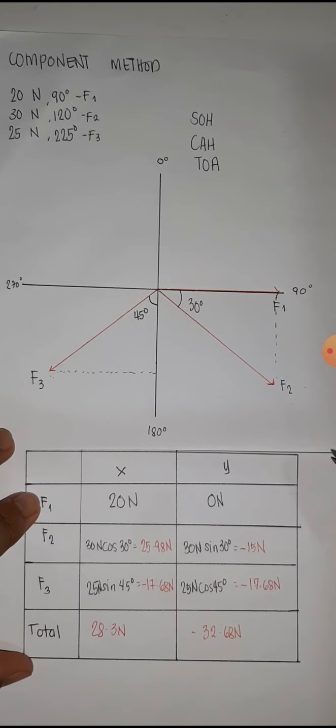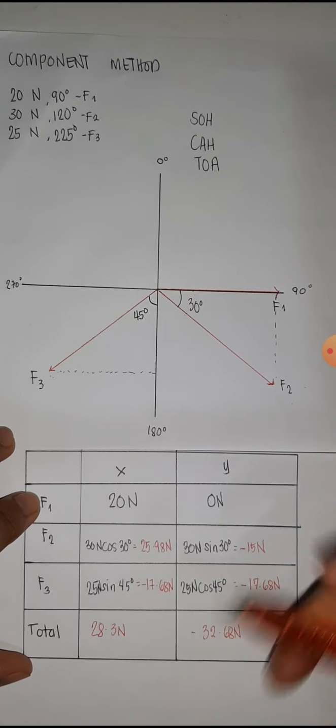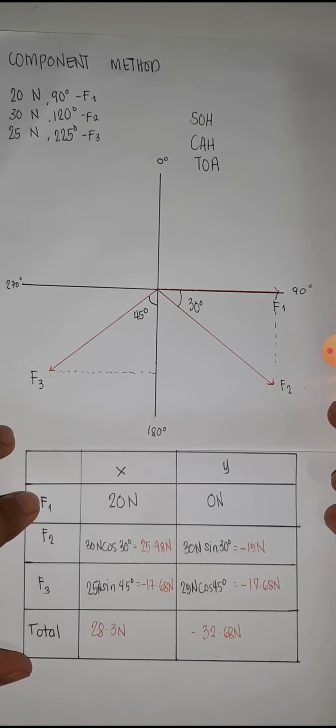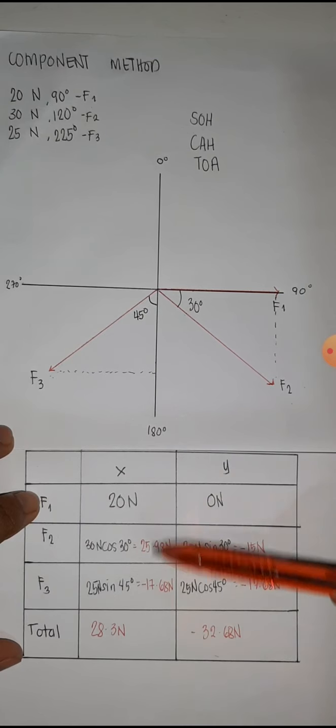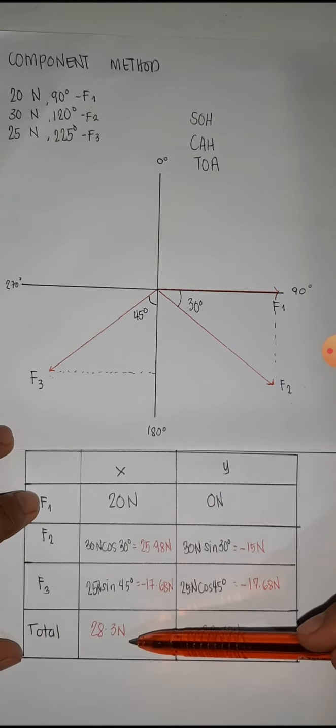So we already have here the resultant. This resultant x and y component will tell us where your resultant vector would be. Based on it, you have a positive x component and a negative y component for your resultant.